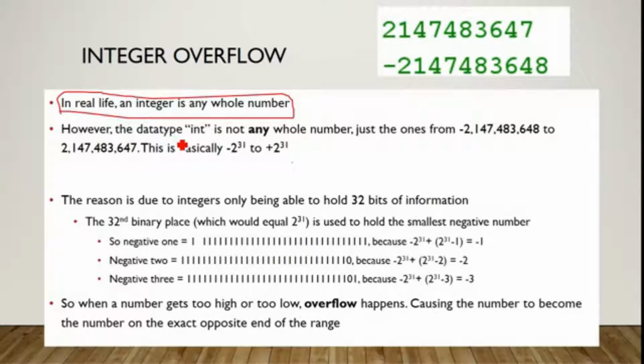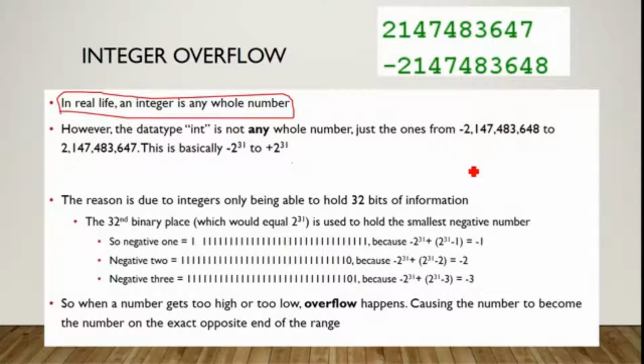However, the data type int is not actually any whole number, just the ones from negative 2,147,483,648 to positive 2,147,483,647. Basically, that is negative 2 to the 31st to positive 2 to the 31st.